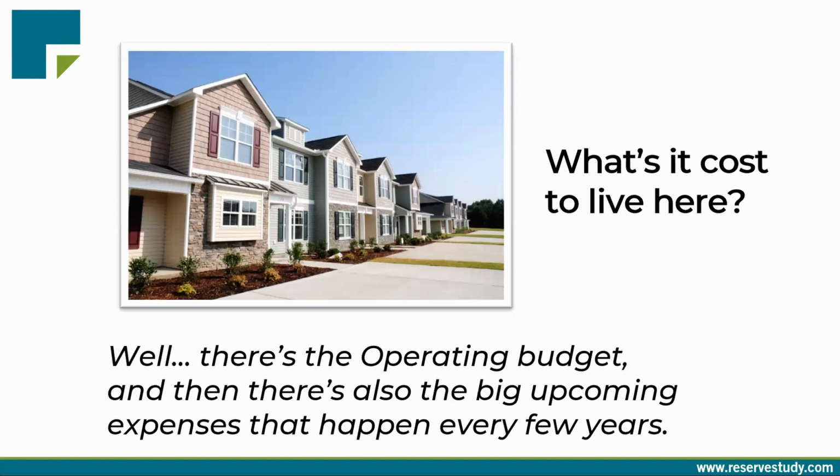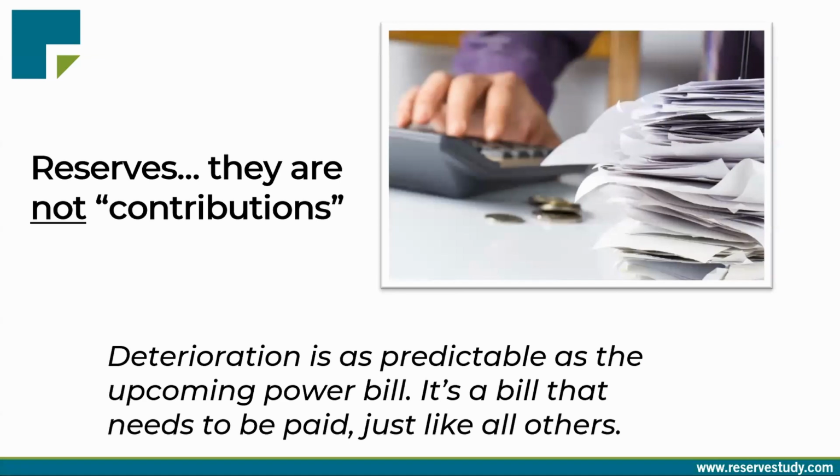So why not just have them pay the true cost of ownership on an ongoing basis so you can run a smooth financial operation? And that's one thing you might notice, that today Brian and I call them reserve funding obligations or a reserve funding recommendation. We don't call them contributions. There's nothing optional about reserve funding. Your assets are deteriorating, and the board is responsible to budget to maintain the assets of the association.